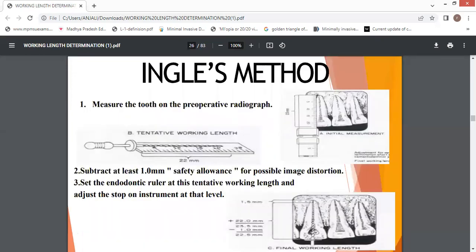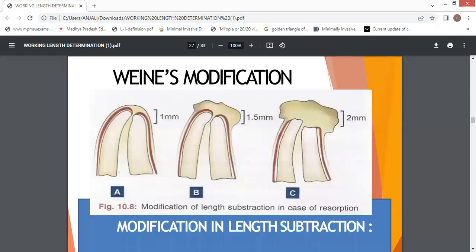English method. In the English method, we measure the tooth on the preoperative radiograph, then subtract at least 1 mm as a safety allowance for possible image distortion. Then set the endodontic ruler at this tentative working length and adjust the stop on the instrument at that level.